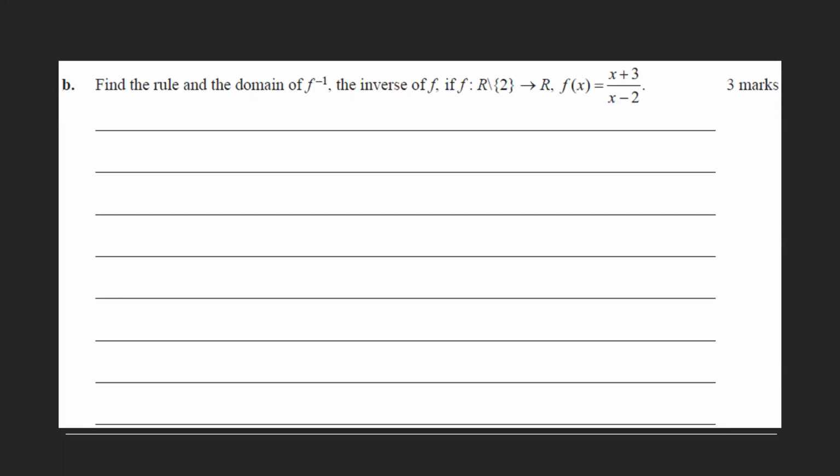Now, part B is totally irrelevant. It's an individual part compared to part A. You want to find the rule and the domain of f inverse, the inverse of f. If f is a hyperbola like that, well, how could I tell it's a hyperbola?